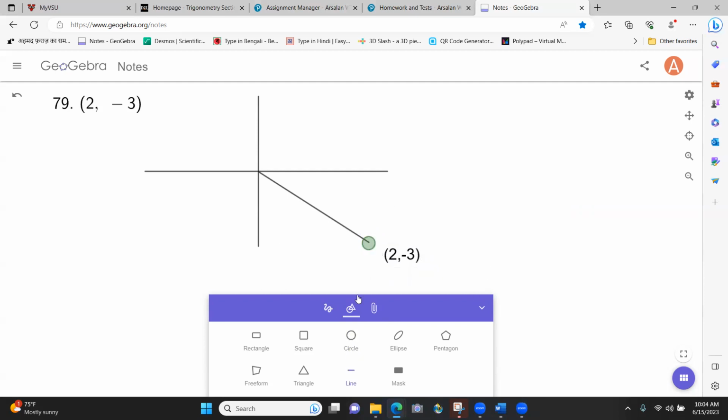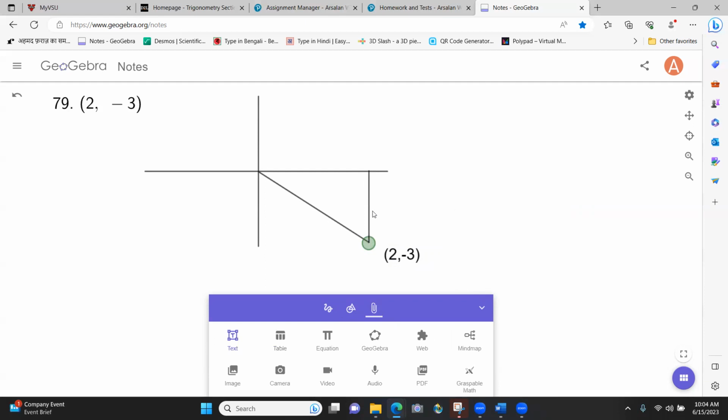Now I am going to draw a little right triangle here. I am going to find this height is going to be negative 3. It's the y coordinate, negative 3. And this base is going to be 2 because that's the x coordinate.